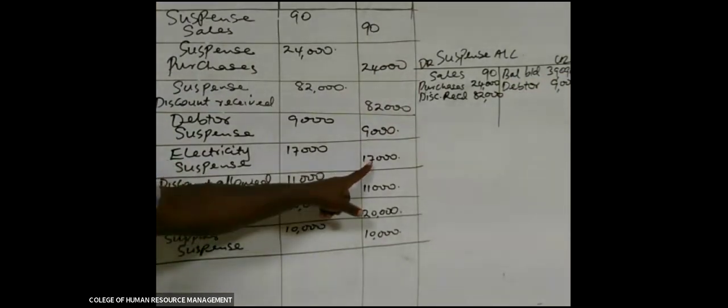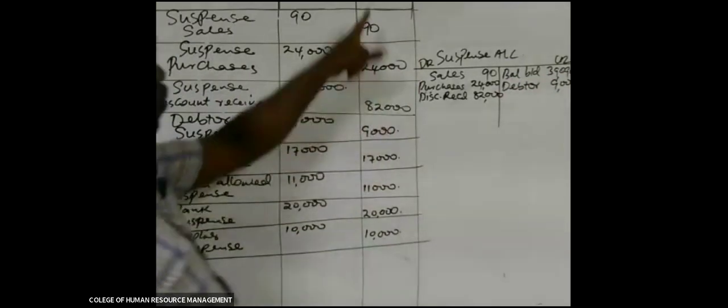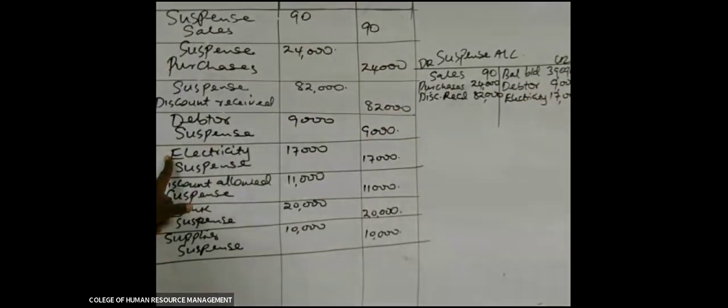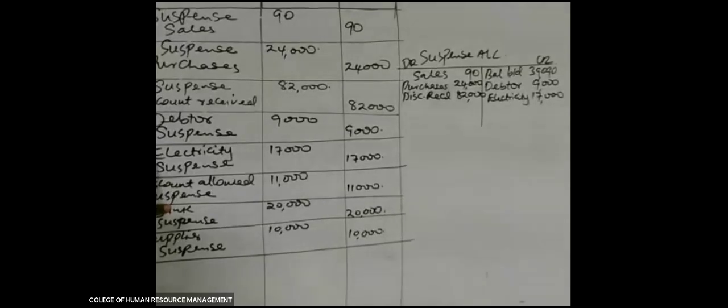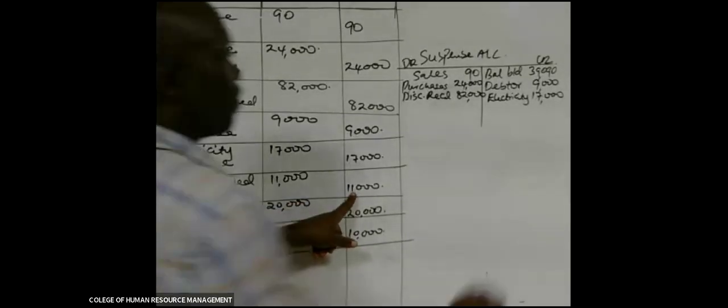Suspense account, 17,000 is credited. Here, 17,000. We come here, number 6, suspense account is having a credit of 11,000.